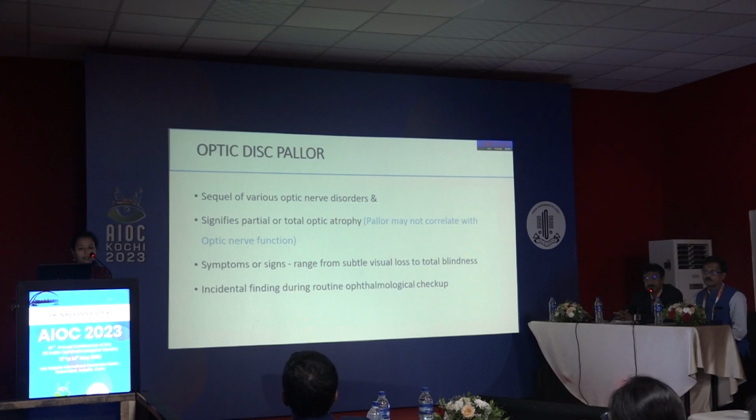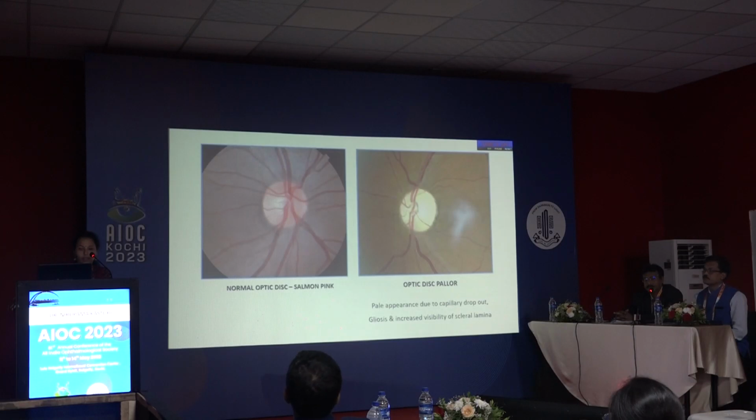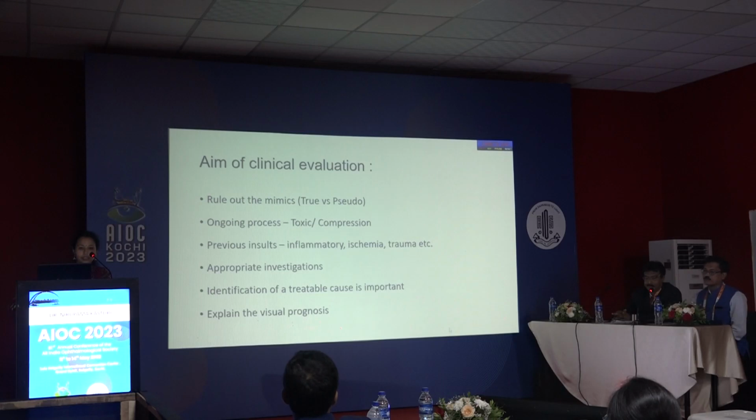The signs and symptoms may range from subtle visual loss to total blindness, and sometimes it may be an incidental finding picked up on a routine ophthalmological checkup. We all know the normal color of the optic disc is a pale pink or salmon pink color, but when there is optic pallor, it becomes fully pale because of capillary dropout, gliosis, and also increased visibility of the scleral lamina.